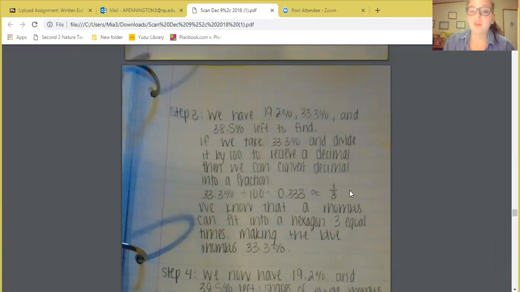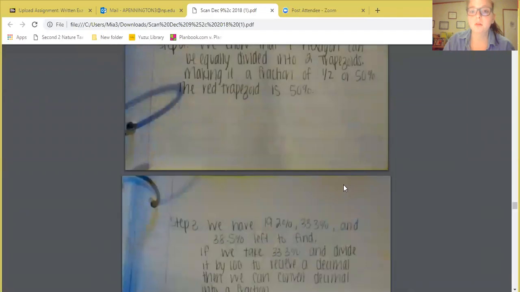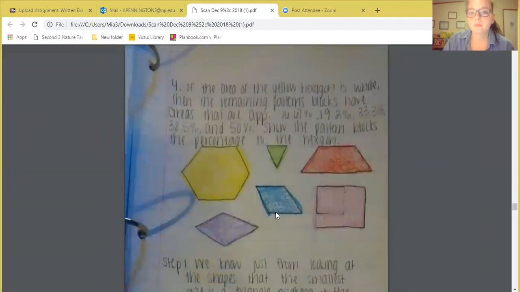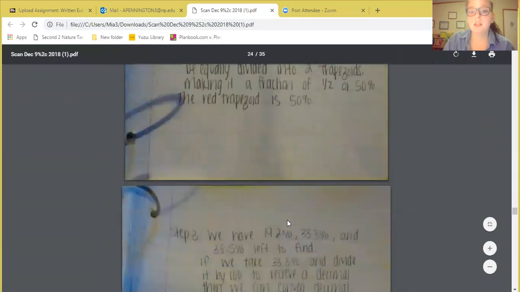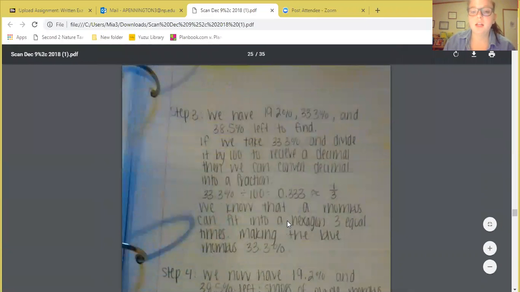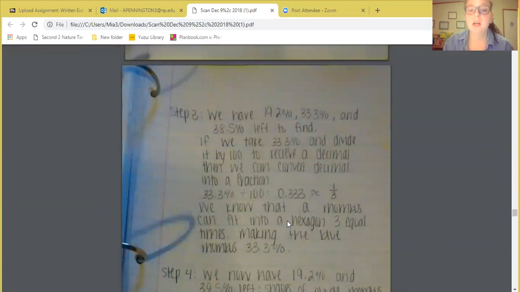So we know that a rhombus, the blue rhombus up at the top, can fit into the hexagon 3 equal times. That means it's equally divided into it 3 times. So the blue rhombus is the 33.3%.